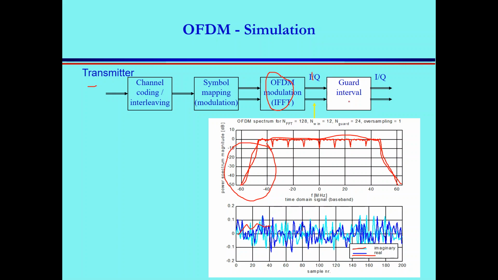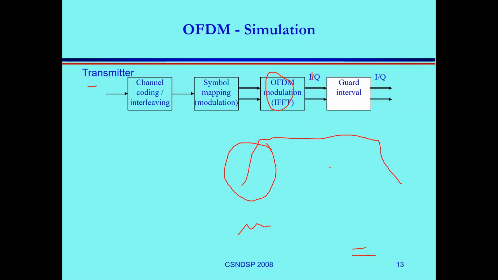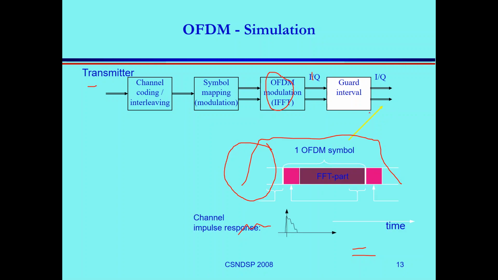I and Q, the in-phase and the quadrature phase. You add I and Q, and now you have this in time domain. You have your data, and this is the CP part. And we call this whole as one OFDM symbol. And you transmit it over the channel. The channel is this, dispersive.